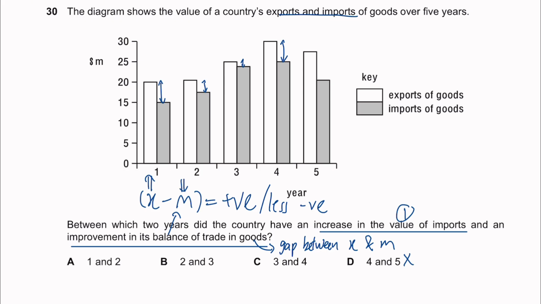Okay. So from here to here, the gap becomes smaller. This one, the gap becomes smaller. Here, this becomes bigger because you can see this one is smaller, this one is bigger. So this just means that it wants the export to increase more than the import. So I can know that 3 and 4 is the correct answer.